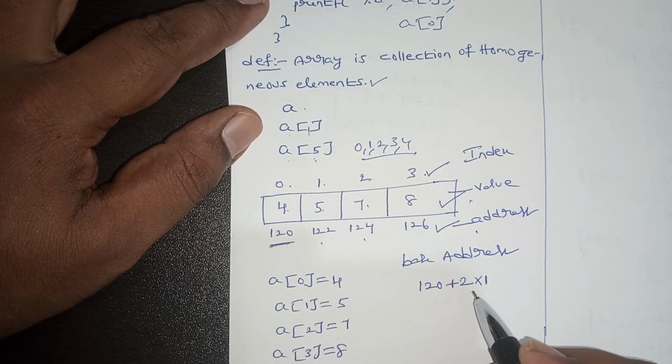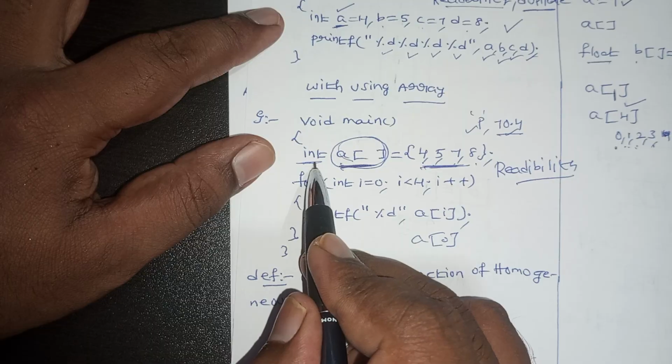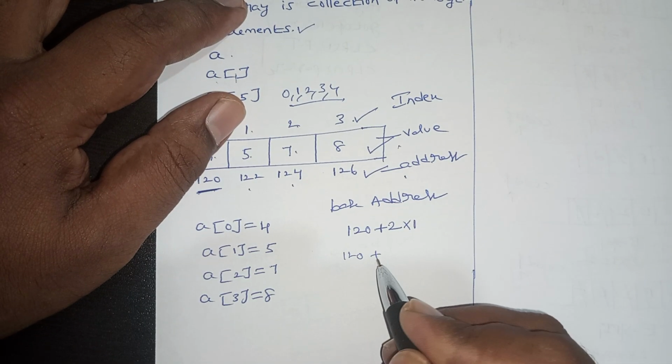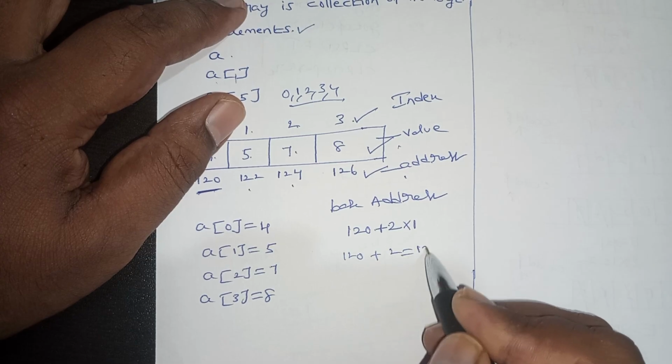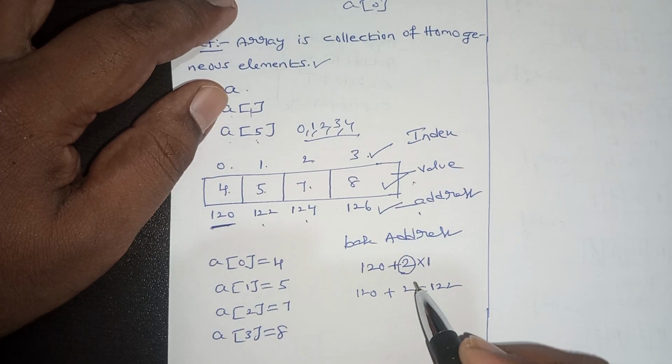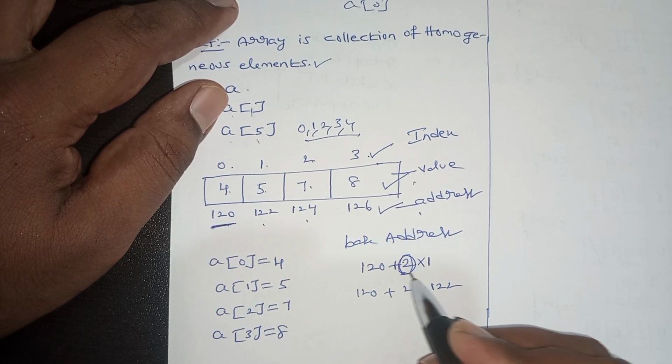Why did I take 2? Because a is an integer, it takes 2 bytes. So 120 plus 2 ones are 2, which is equal to 122. This is the size of the data type, 2 bytes, into 1.